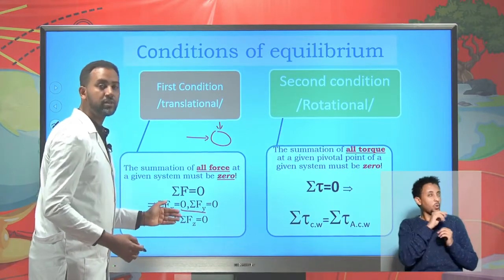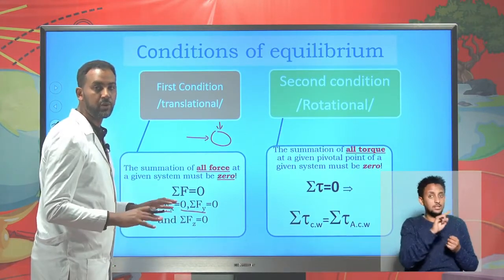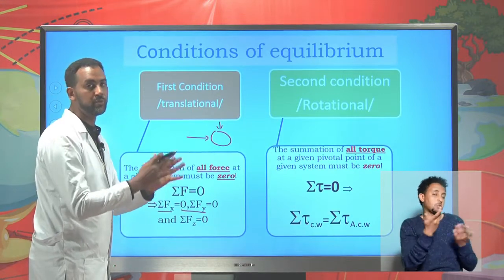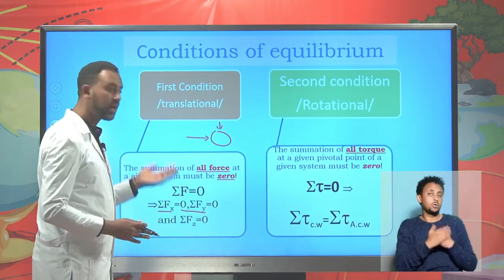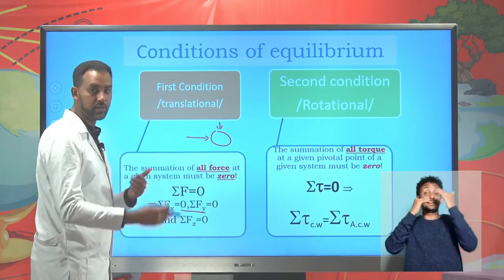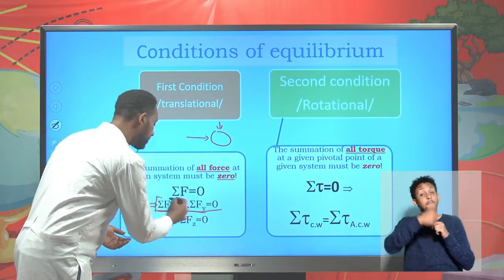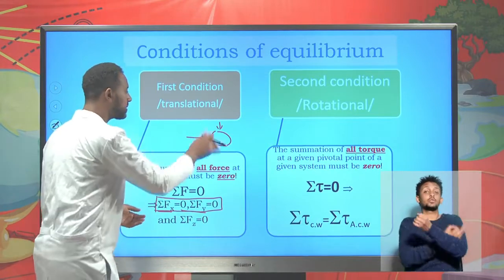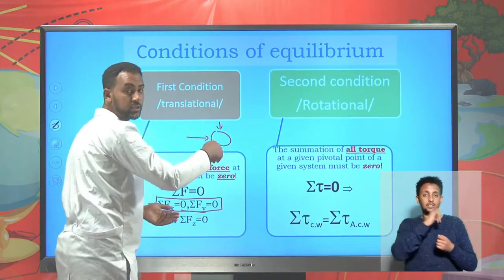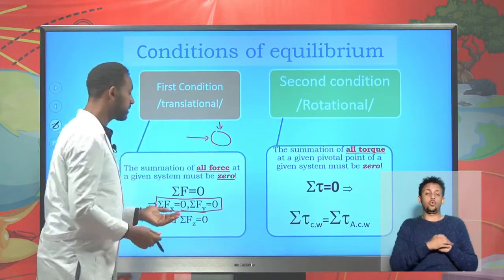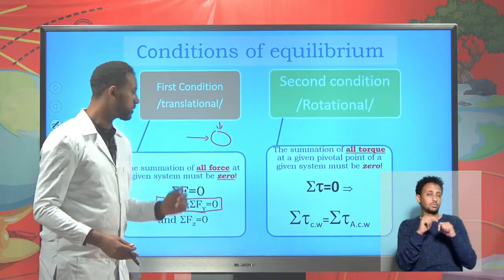The net force on the z-axis is by default zero, because we are dealing only with two-dimensional objects. But at a higher level, you might see the third dimension. So the net force on the x-axis and on the y-axis should be zero. That is the technique we are trying to focus on.